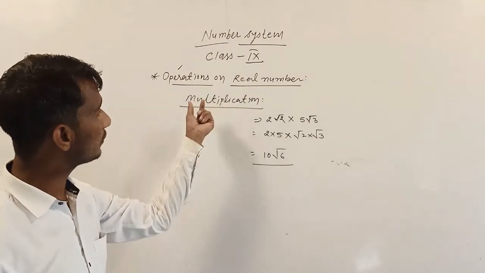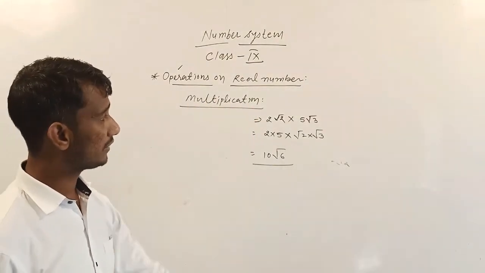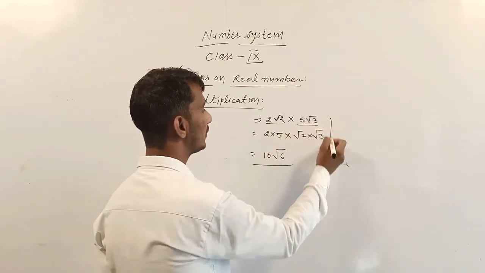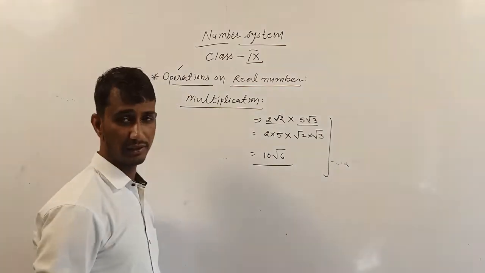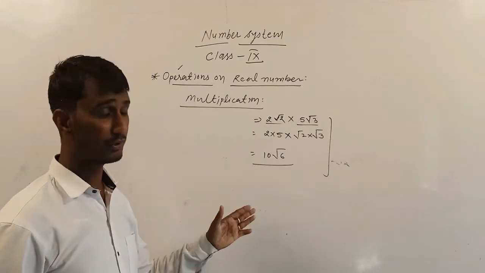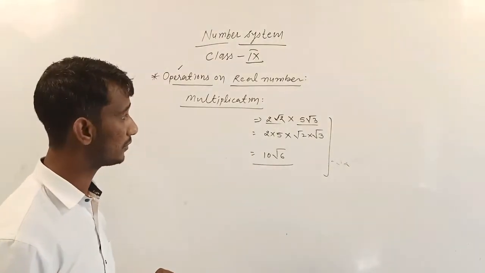In this way you can multiply. But dear friend, one more thing. In the previous example, I took both numbers in irrational form.